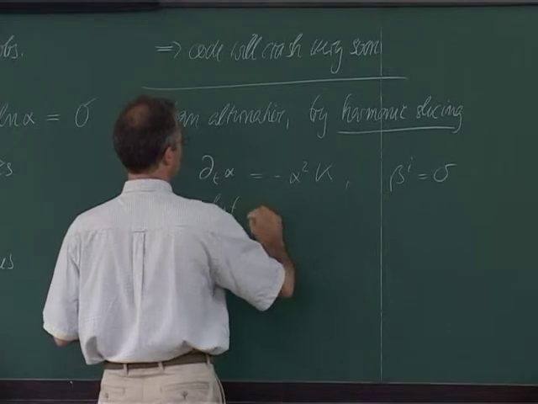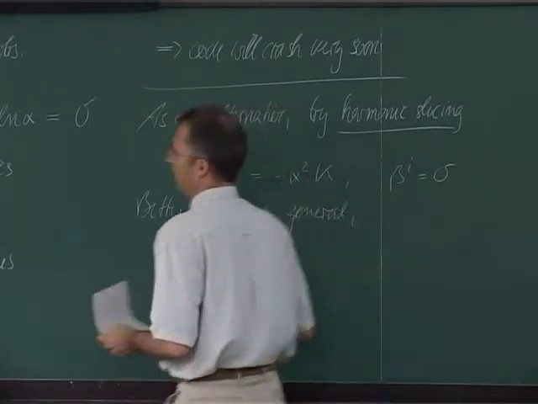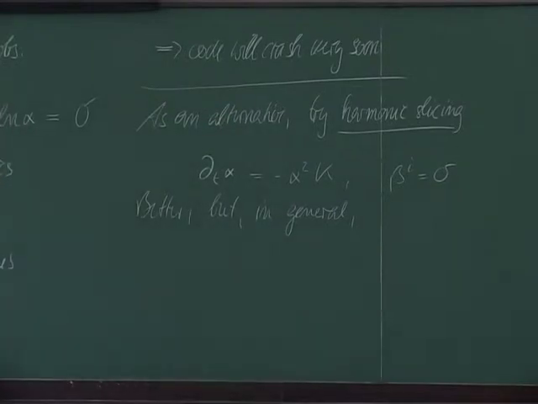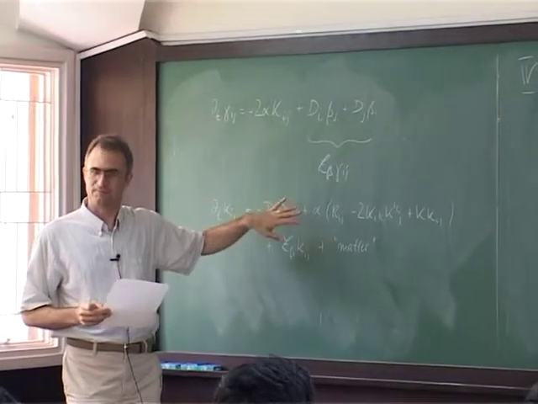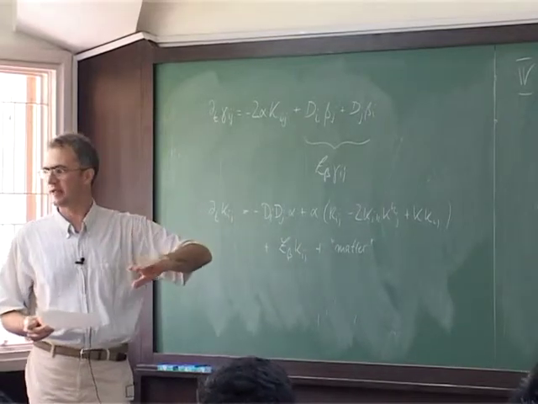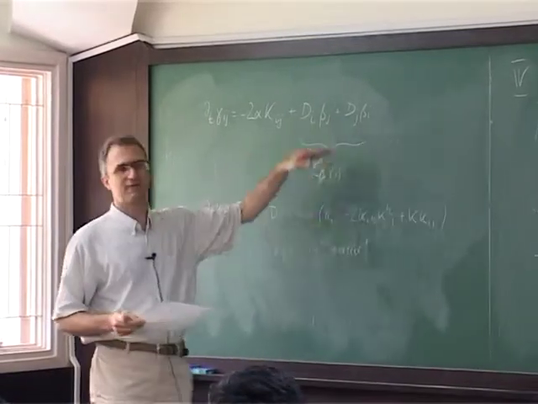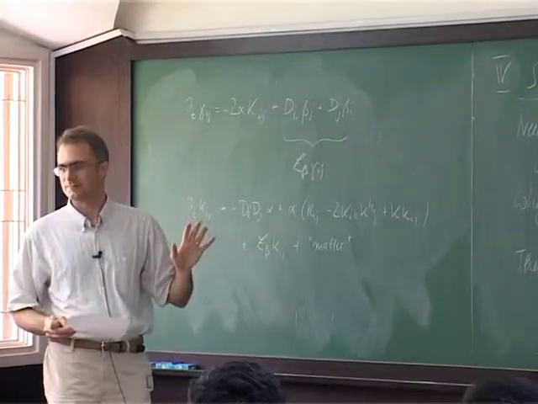But in general, if we chose a code that implements these equations as I wrote them down here, the code will still crash. I'm not saying that's guaranteed. There may be specific cases where that's not the case. But in general, if you coded up this set of equations, it will still crash.